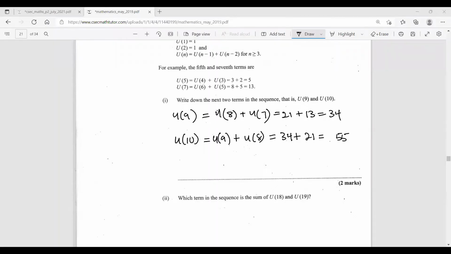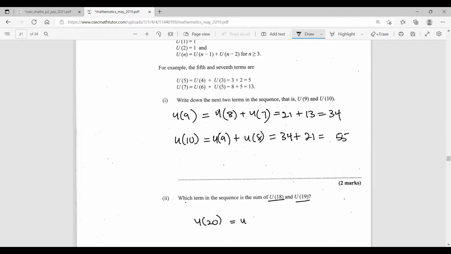So part 2, which term in the sequence is the sum of U18 and U19? Which term will give you U18 plus U19? U20. Thank you.